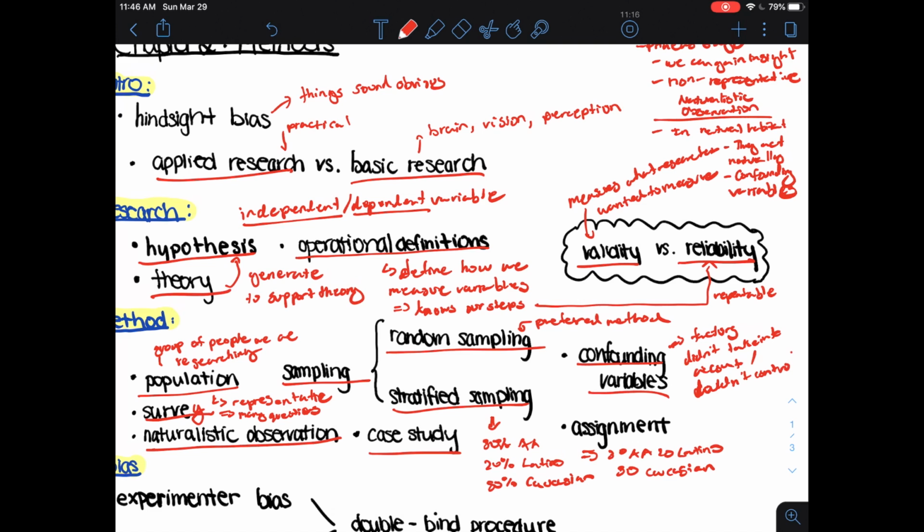And these are generally the reasons why some of your research data might be a bit skewed or not in favor of your hypothesis.